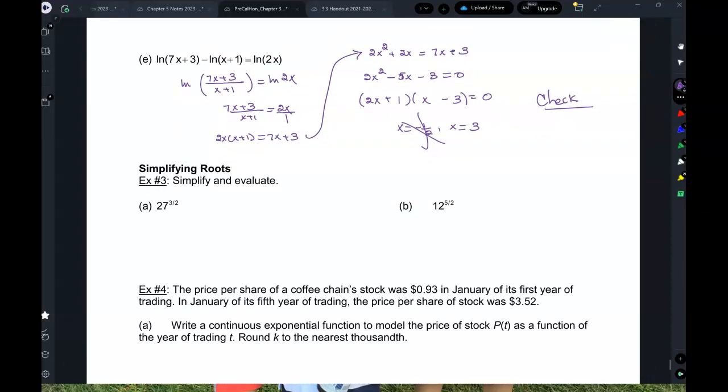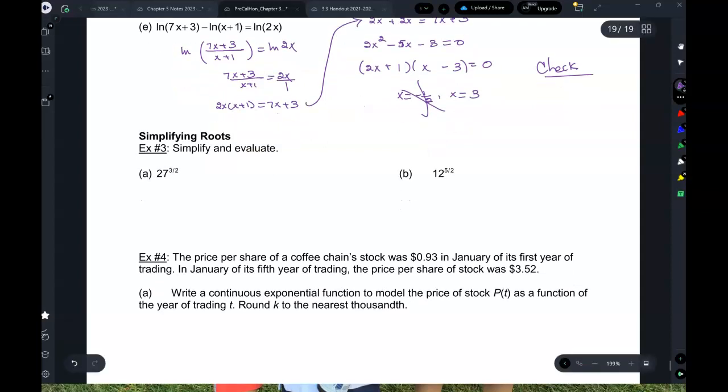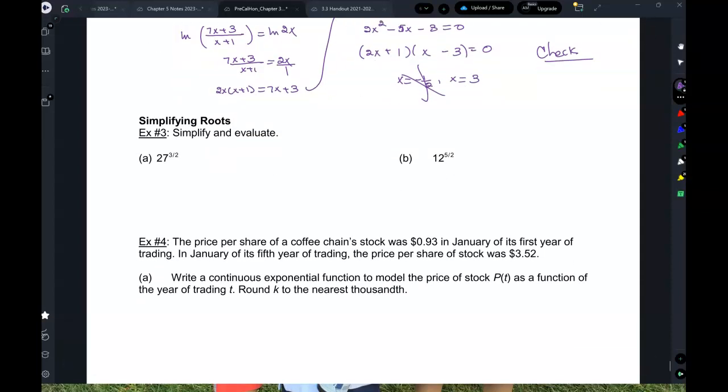Okay, lots of random things in this chapter. This is another random thing that I've noticed: sometimes my students have done this so long ago that they forget how to do this by hand. You should be able to simplify things like this by hand, right? Again, there are several ways of doing this. If you have something like this, this is the square root of 27 cubed, or it's the square root of 27, cubed.